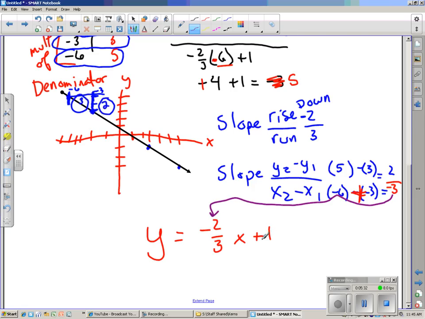And then this plus 1 actually comes from the graph. I want you to circle where it crosses on the y-axis and draw an arrow to the plus 1 on your equation. The plus 1 comes from where the graph crosses the y-axis.